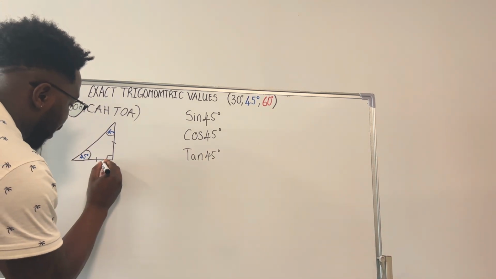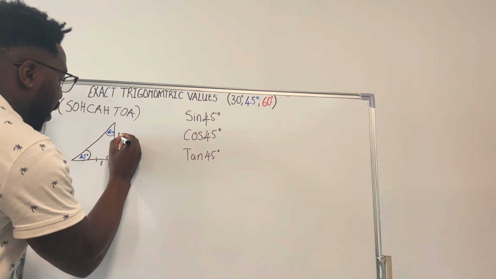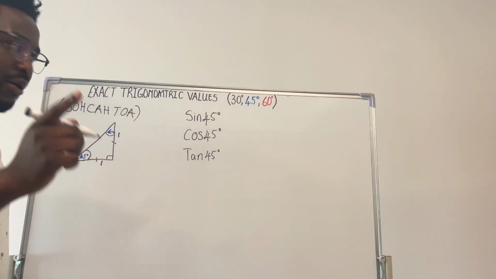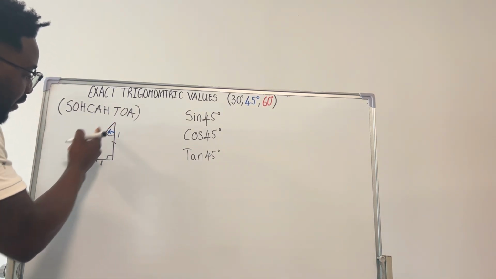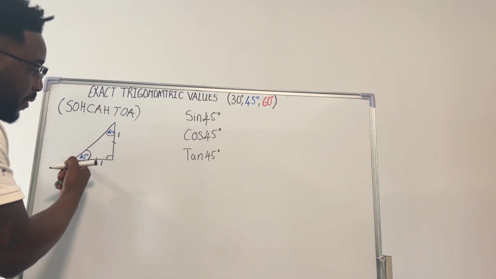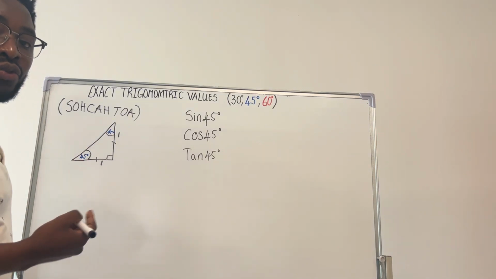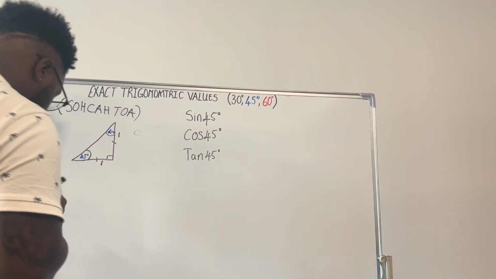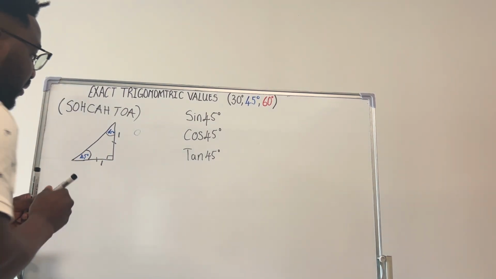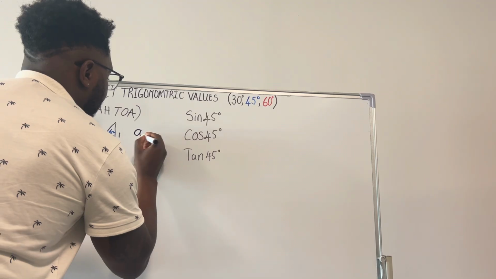So we have 1 over here and 1 over there. Now we have a missing side right here. We also have to find the value of this missing side, and we're going to use the Pythagoras theorem.